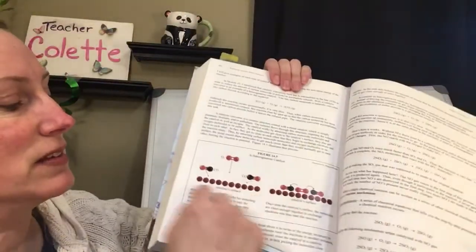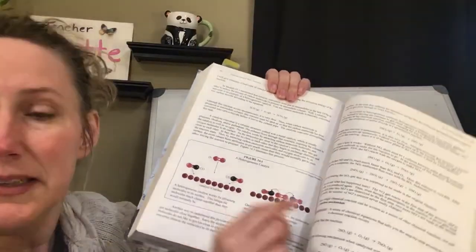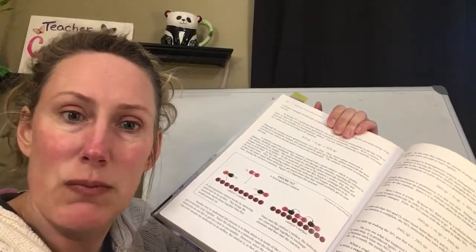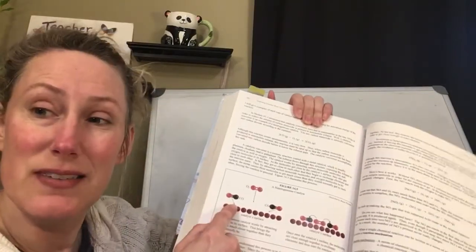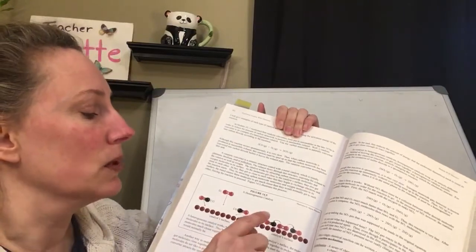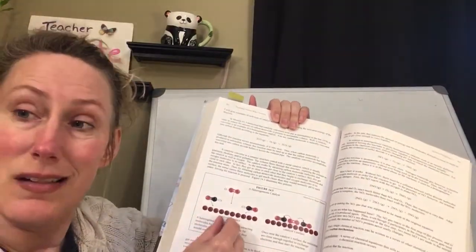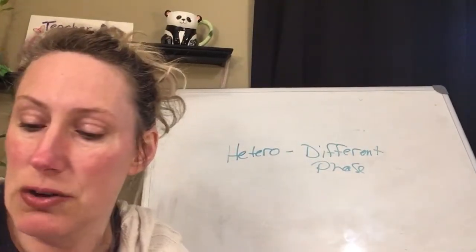The catalyst gives your reactants a place to meet together. So it just gives them a place that's easy for them to hang out, and when it draws them close together, they react faster. So a heterogeneous catalyst is a different phase than your reactants. So these were gases, and our catalyst was a solid, and so it gave them a place to hang out, and that's how it made the reaction go faster.